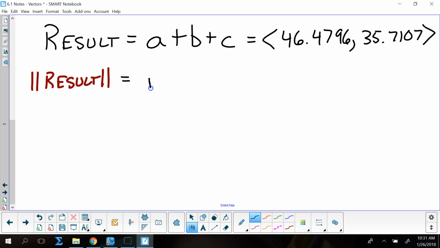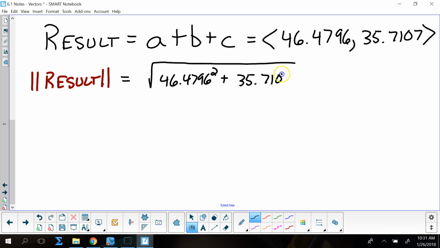So the magnitude is going to be the square root of 46.4796 squared plus 35.7107 squared, which is going to be 58.6141 pounds.